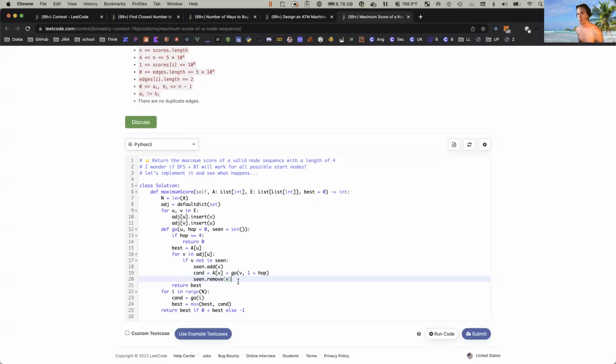Take that fourth hop and then return 0. DFS plus backtracking.